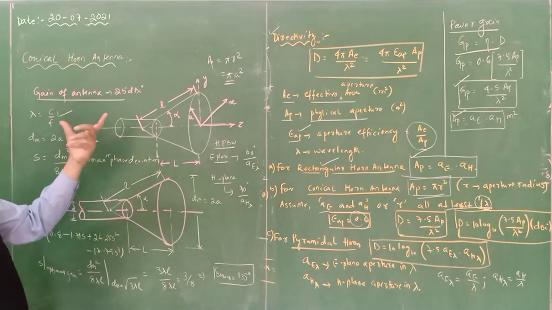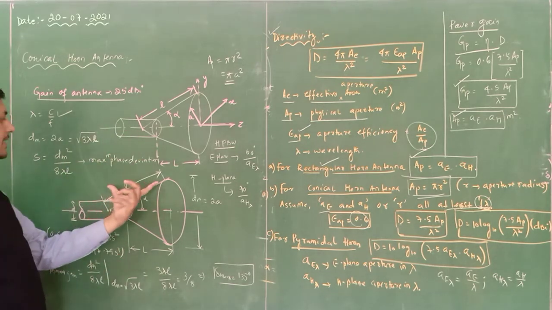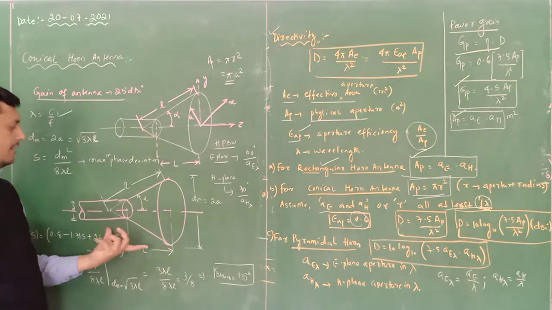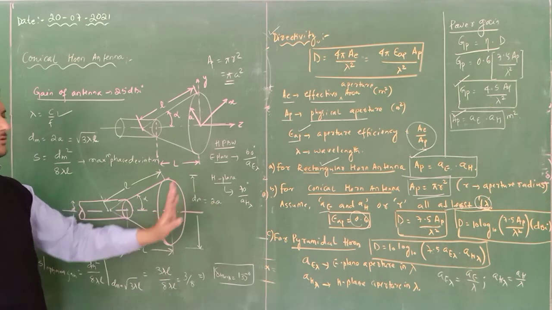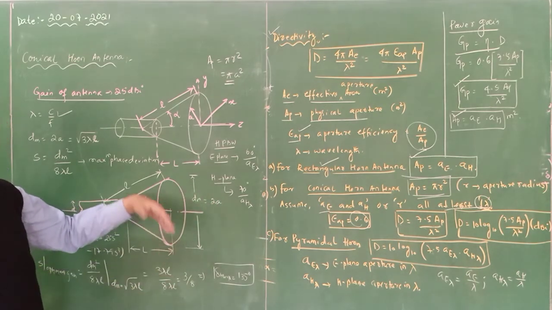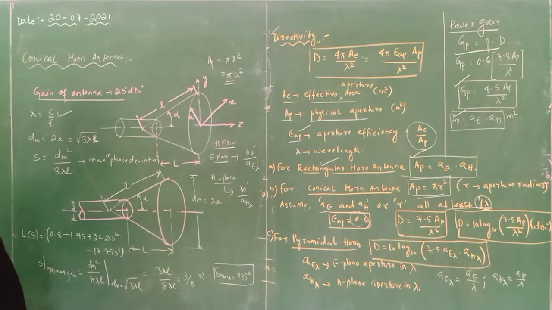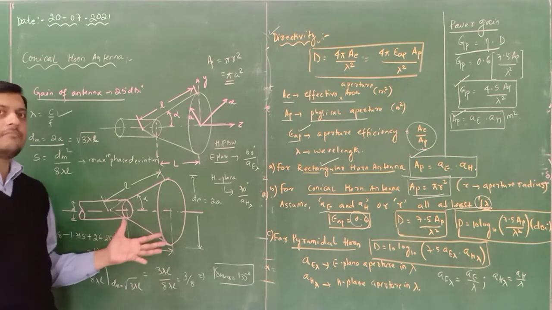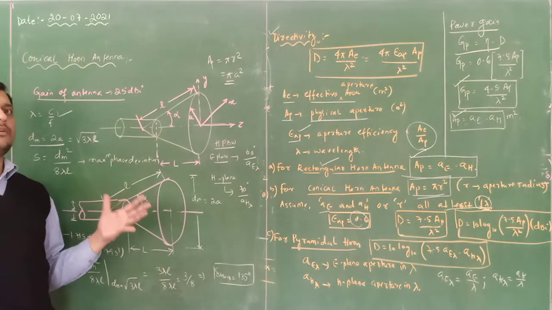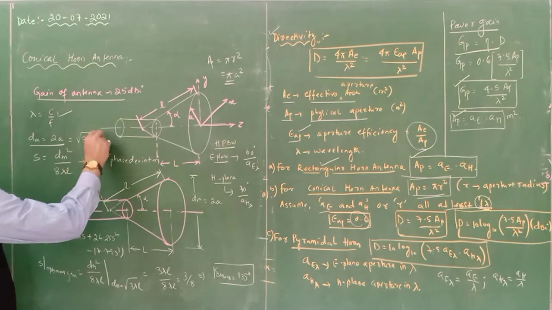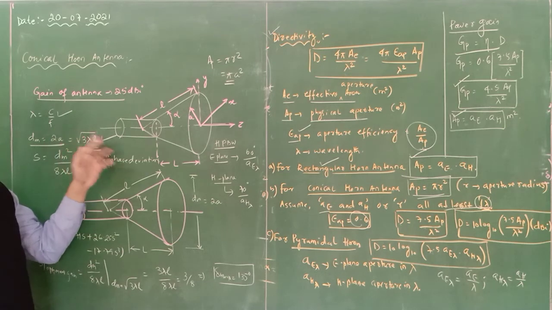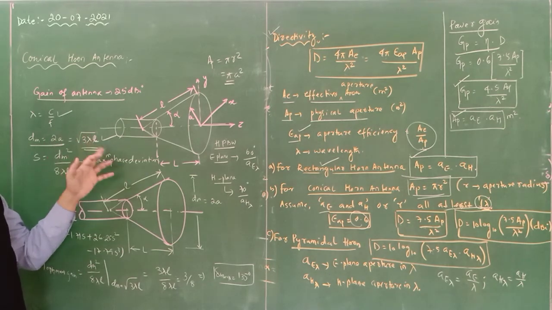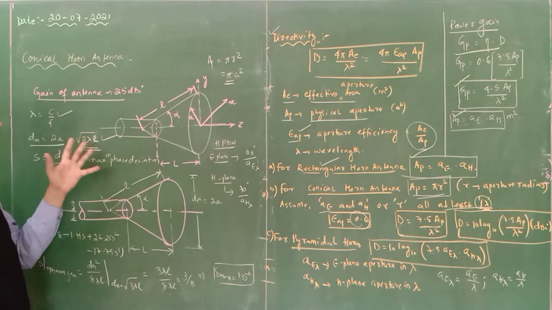The geometry of this horn antenna depends upon the flaring angle alpha and the axial length L, and the diameter dm, which is equal to 2a. It also has a different half power beamwidth. This diameter must not exceed root over of 3 lambda L. This is the maximum value, a predefined standard value, not more than that.